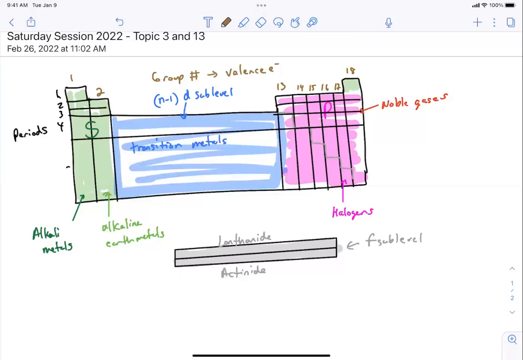And so copper +1, you have to know that it's an exception, that it's 4s1 3d10. And then when you lose the electron, you lose it from 4s. And so it ends up being just Ar 3d10. So that's the exception for that one. Yeah, you'll see that on the topic 2 and 12 review for exceptions.